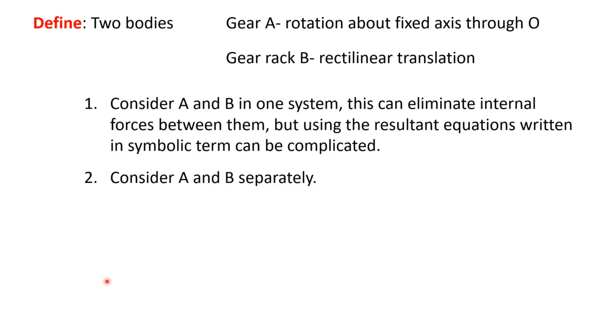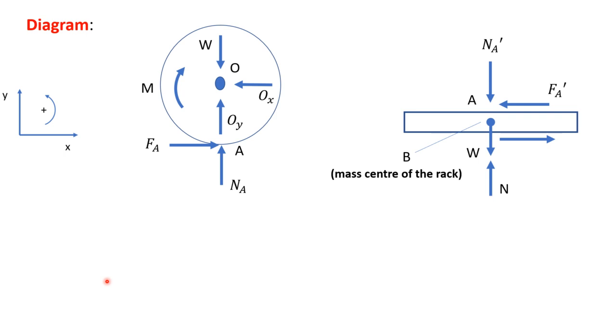So we can either consider A and B to be one system, which eliminates the internal forces between them, but the resultant equation, written in simpler terms, can be complicated. So the other option is to treat A and B individually. In that case, this will be the free body diagram for the gear, and this will be the free body diagram for the rack.